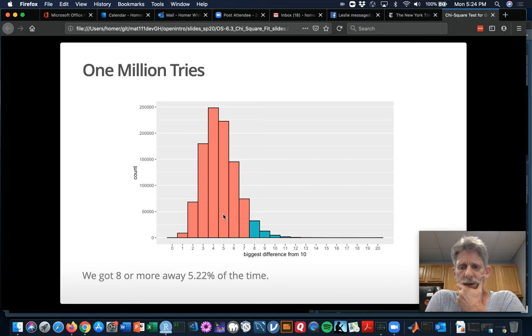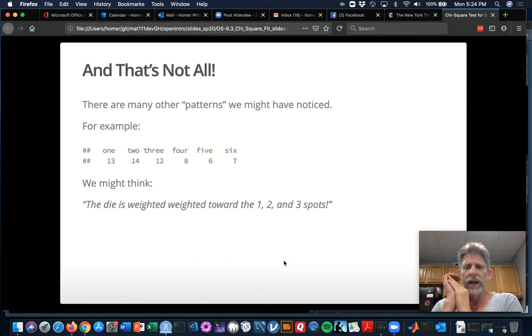So, that's a lot bigger than the less than 1% p-value the locals were getting. 5% is a lot bigger than 1%. And that's really not all. There are a lot of other patterns that you could notice in a die that would make you think, oh, it might be unfair.